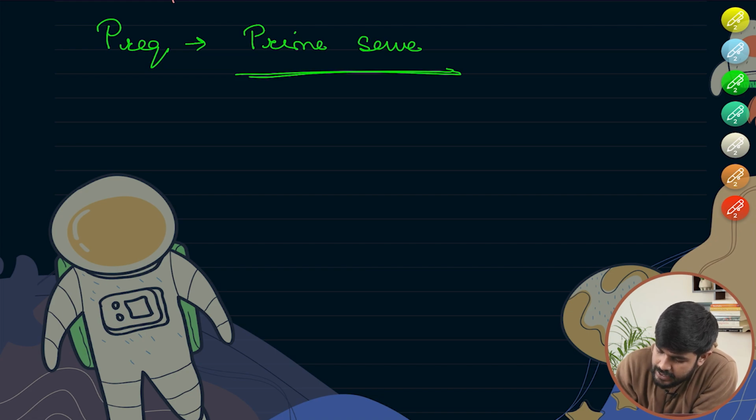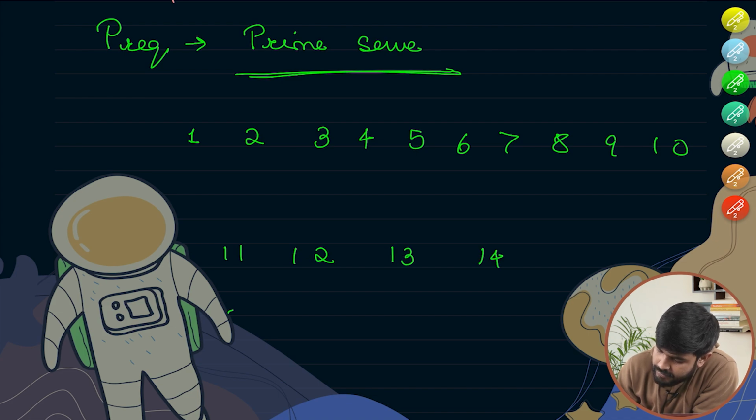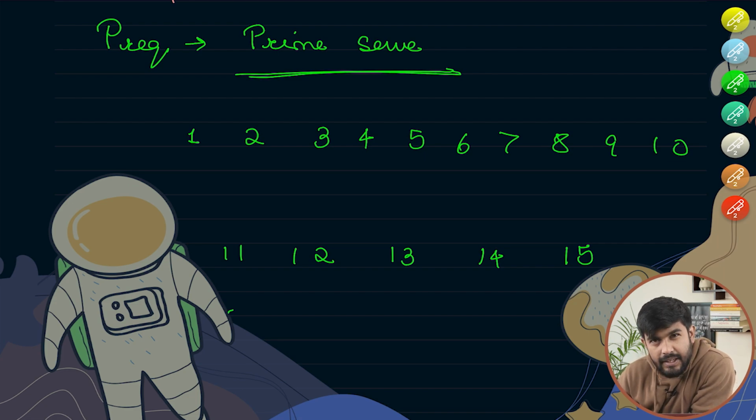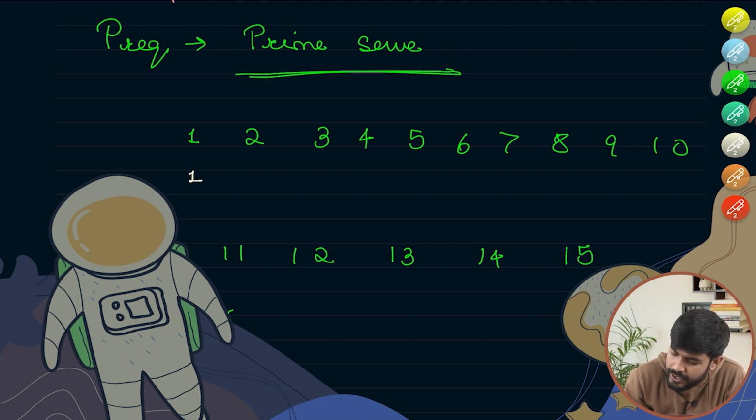For this, we would have here 1, 2, 3, 4, 5, 6, 7, 8, 9, 10, 11, 12, 13, 14, 15. Initially, we would say that everyone is a prime factor, just as we do it in prime sieve.